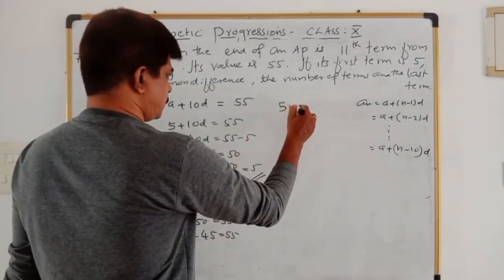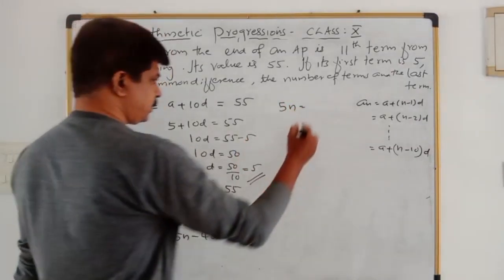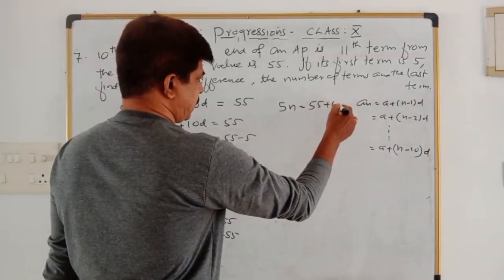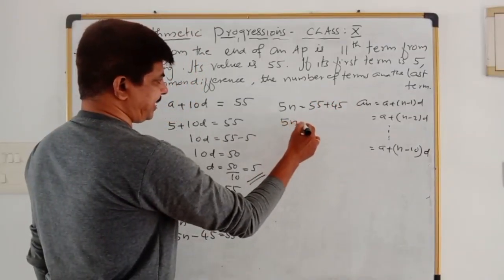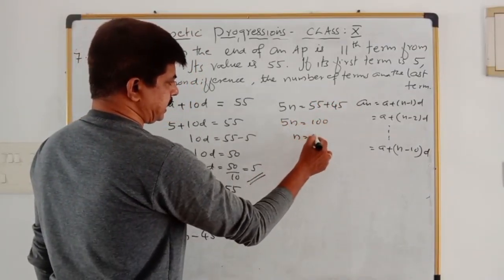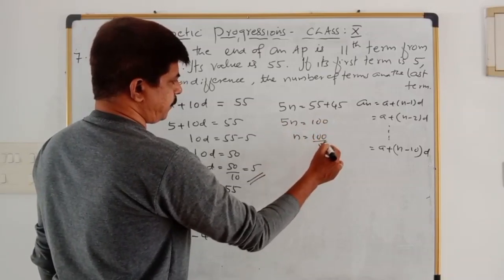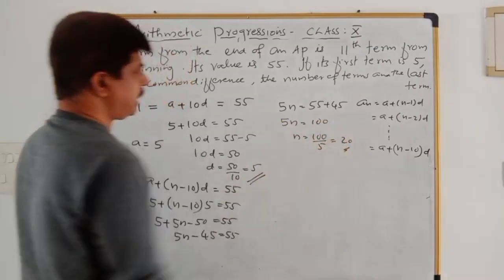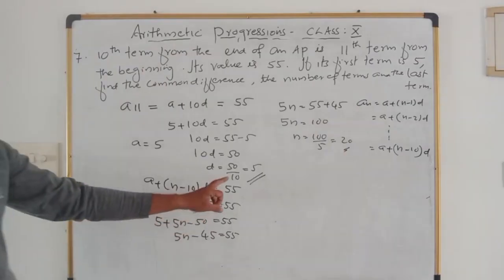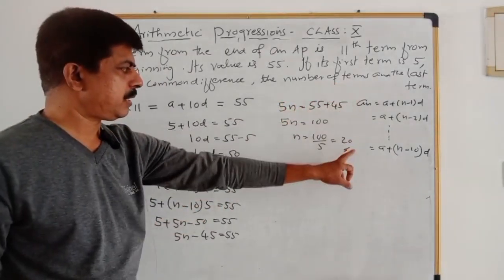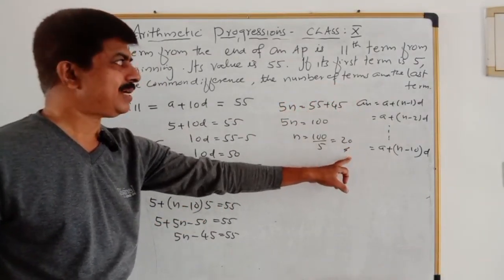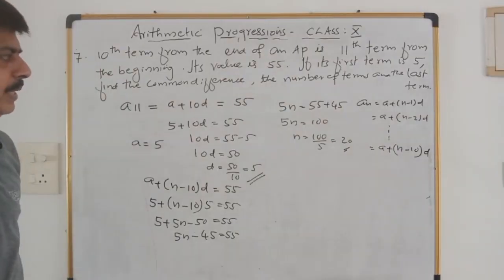So solving, 5n is equal to 55 plus 45, 5n is equal to 100, n is equal to 100 by 5. We got 20. So the number of terms is 20. There are 20 terms in the given AP.